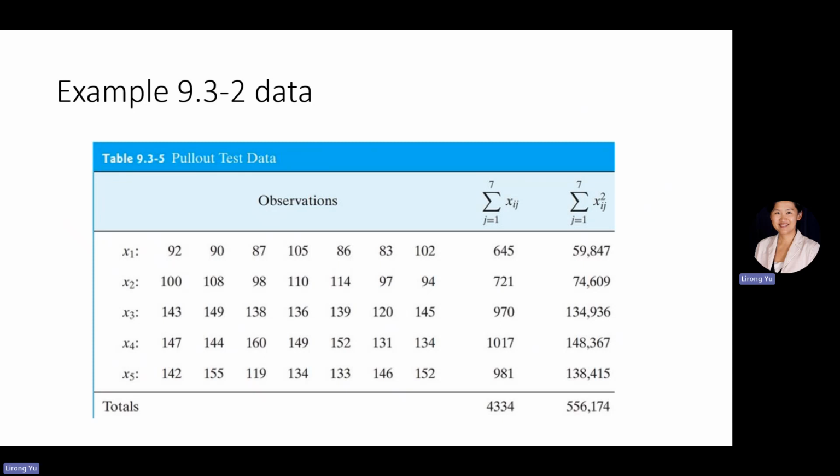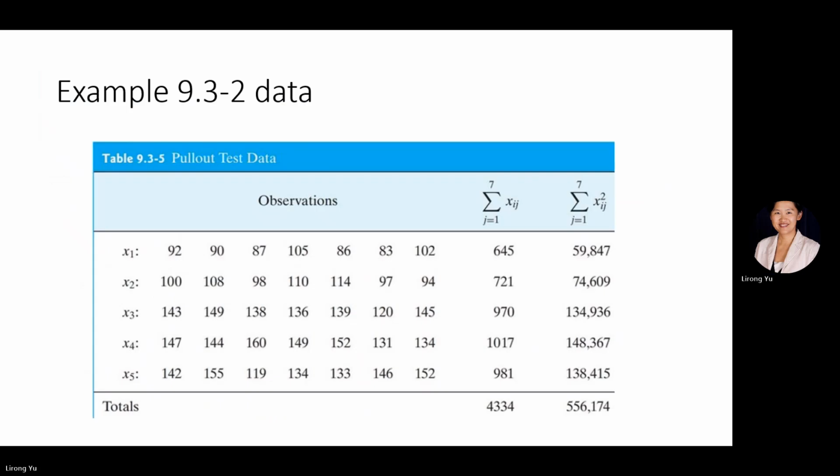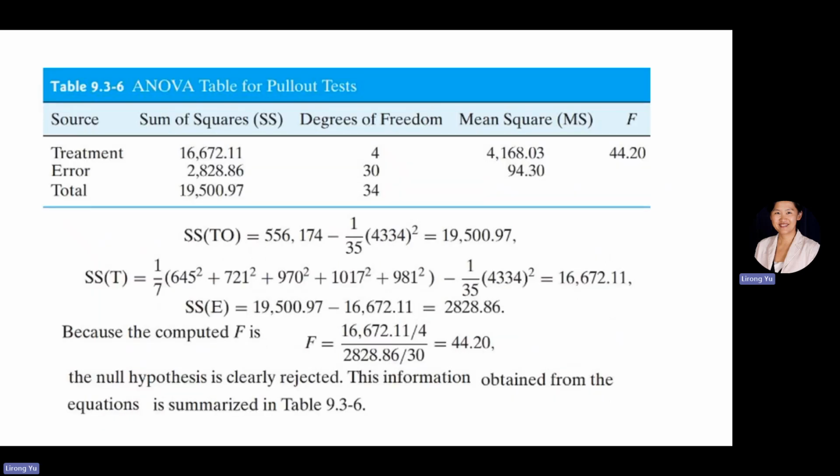So let me do the calculation. Number 1 is we now know the summation square for all the summation squares. So that's the total summation square minus 1 over n of the total. With the lower right corner of those 2 numbers on the page, we can calculate the summation of square.